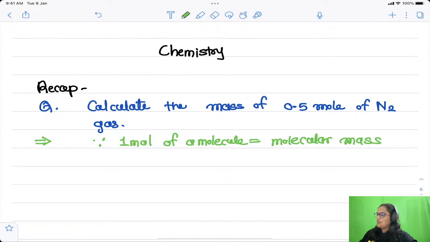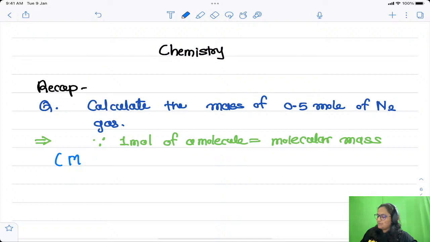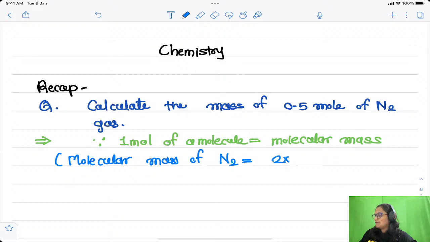Molecular mass of N2: the atomic weight of 1 nitrogen is 14, so it is 2 into 14, that is equal to 28 gram.